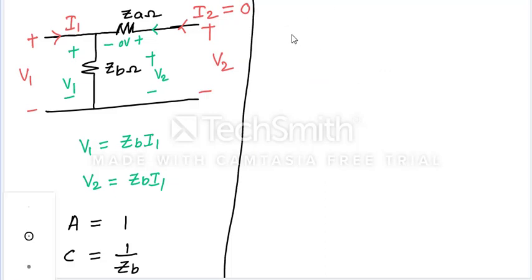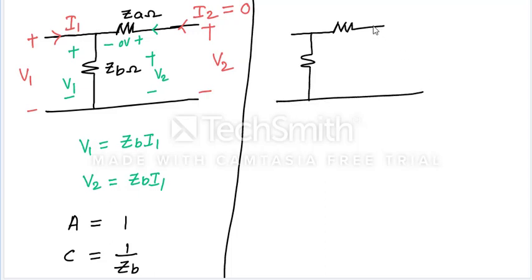Here V1, this is I1, this is V2, and this is I2, and this is ZB, and this is ZA.